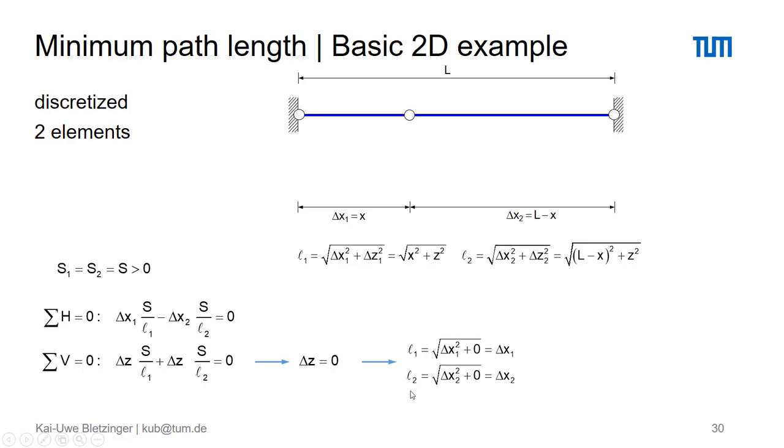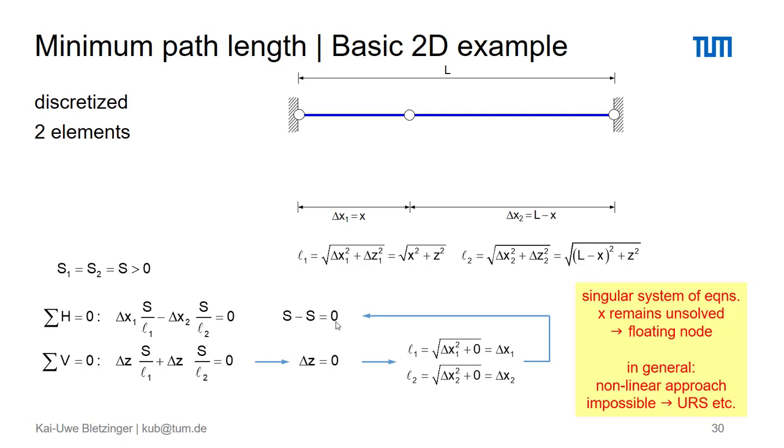If we substitute this intermediate solution into the first equation, then you see that we just divide delta X1 by L1, which is 1, because delta X1 is L1. And also here, the length just cancels out, and we receive from the first equation S minus S, which is 0. That is uniquely true for every choice of X.